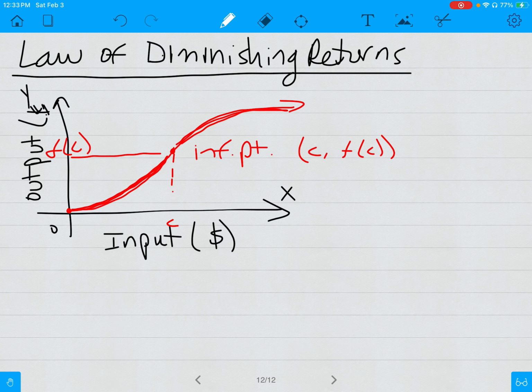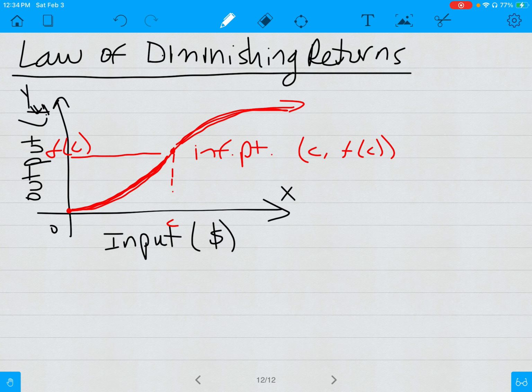Okay, now why do we care about this inflection point? Well, if we think about what's happening, when we look at the input from x being 0 up to C, we have concave up. So the more we put into the input, the rate of change of the slope is increasing.